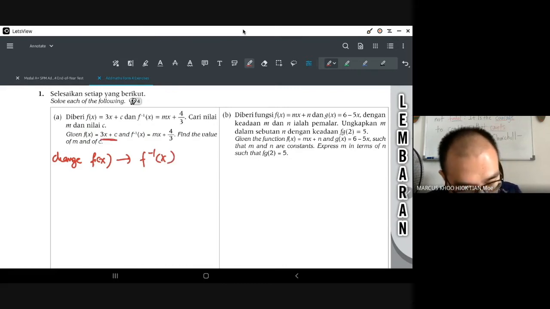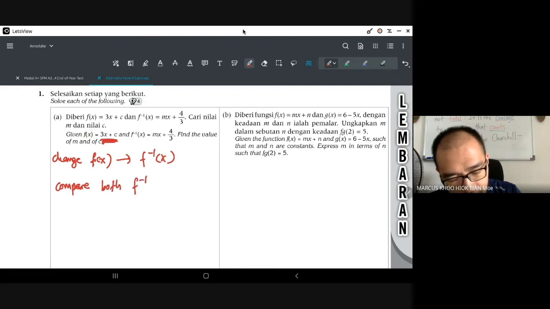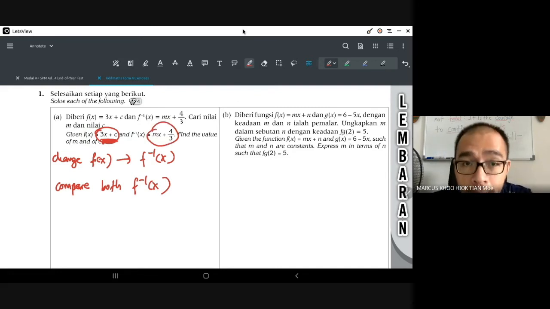Change this f(x) into f minus 1 of x, and then after that you compare both inverse functions of x, the one that you change and the one that they give. When you compare, then you can get the value of m and c. It's a very, very basic question. Again, requiring you to know how to find the inverse function.